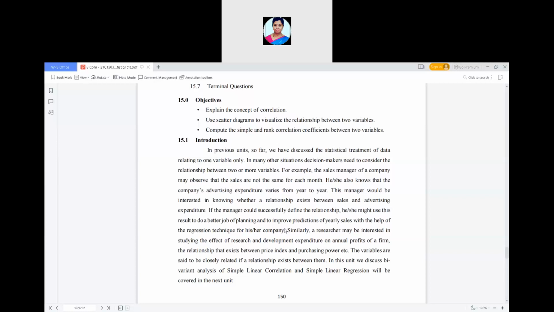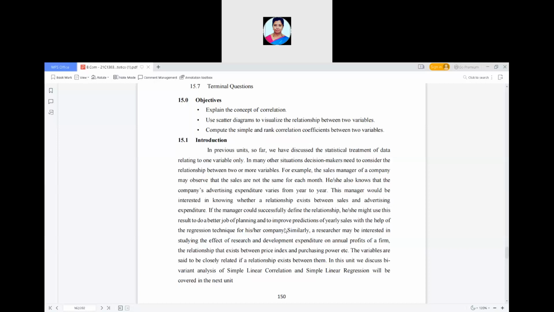So they are interested in knowing the relationship between them, that is the sales and advertisement expenditure. If they successfully define the relationship, they might use this result to do a better job of planning and to improve the predictions of yearly sales with the help of the regression technique.